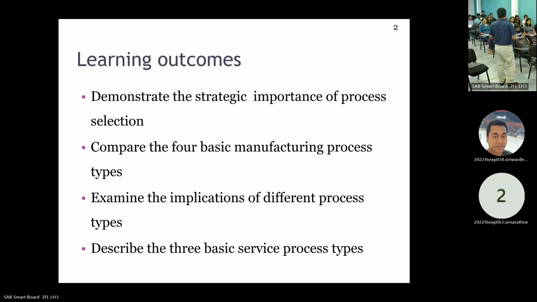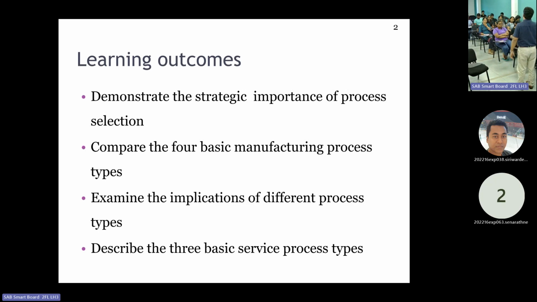Then we should know the main characteristics of each process type, and the advantages and disadvantages of each. Then, of course, in which type of operations conditions and market conditions, what type of processes should be used. So you will have an understanding of the link between process types and the market requirements.